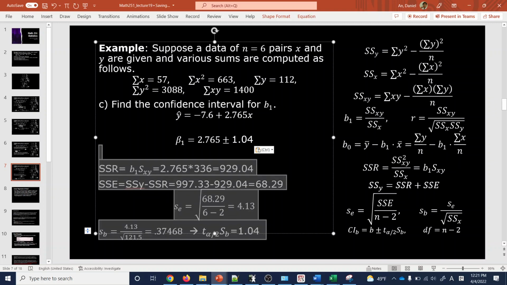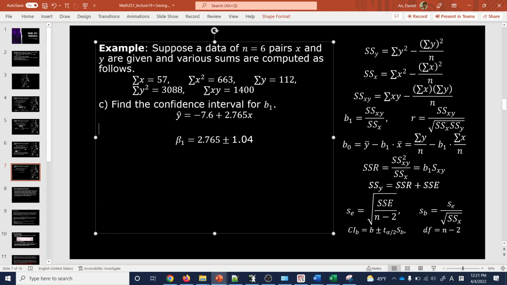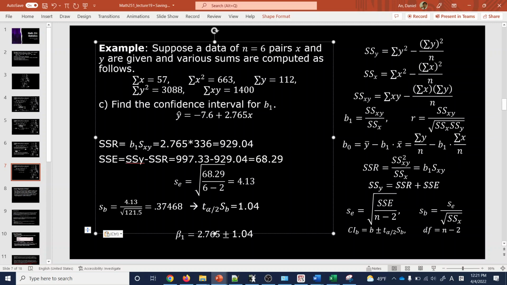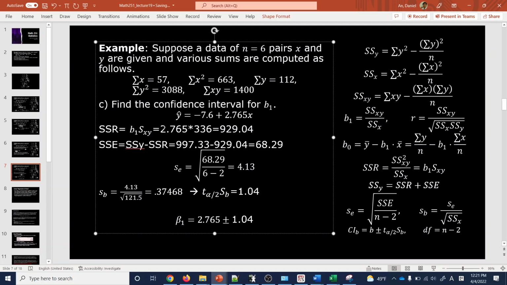Okay, so let me put it here. So that was the calculation. It looks complicated, but it's just chasing the formulas. You just have to chase down the appropriate formulas and figure out which ones to use. So you should try this one, see if you can follow it just by using the formulas, without looking at this one.